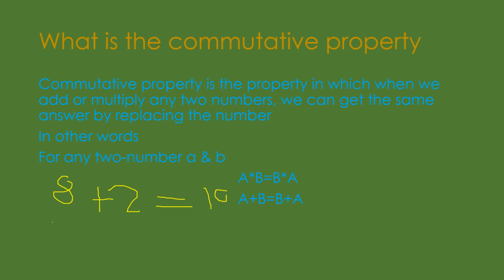That is 2 plus 8 equal to 10. So here if we reverse or replace the numbers, we get the same answer as 10. So this satisfies the commutative law.